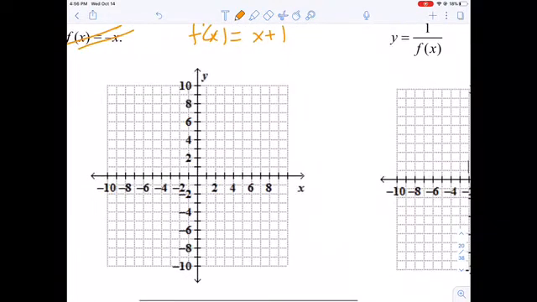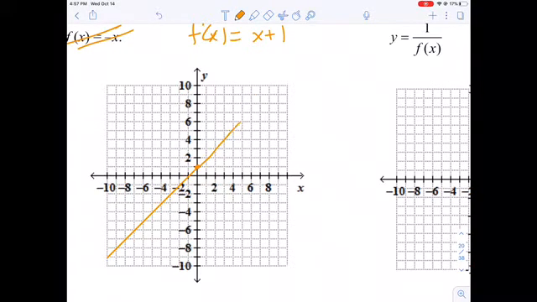So I'm going to start by graphing x plus 1, which I know is a function with a y-intercept of 1 and a slope of positive 1. There we go. There's y equals x plus 1.